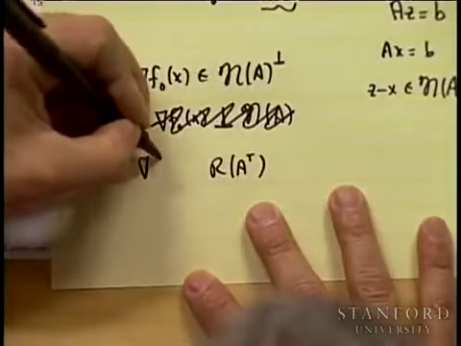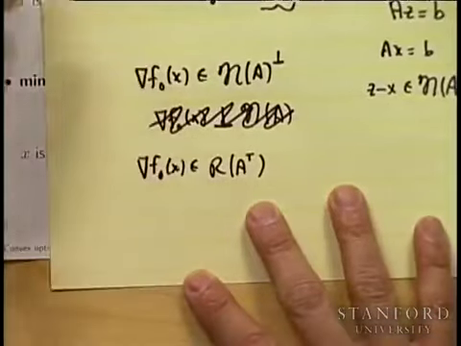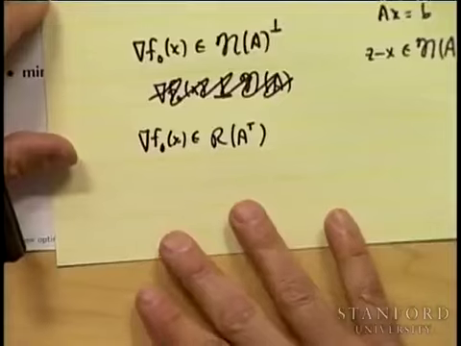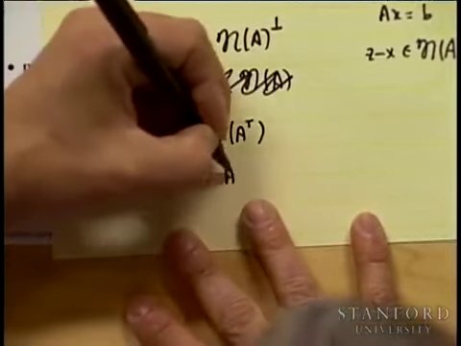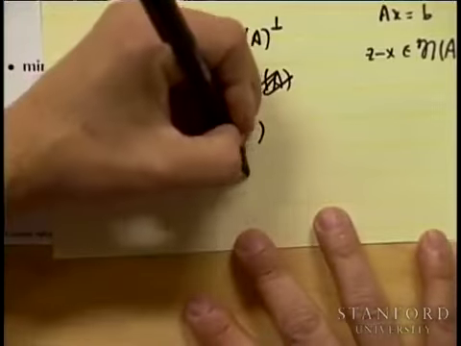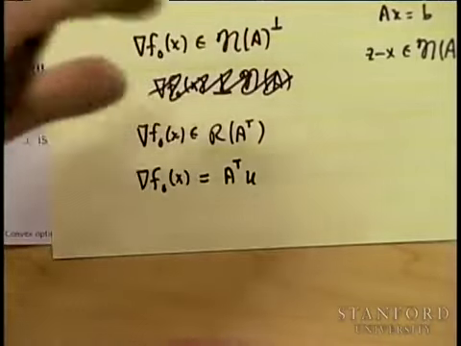Now that is the range of A transpose. So that says grad f of x is in the range of A transpose. That means that grad f0 of x is equal to A transpose times some u. I'll later make it fit our form.